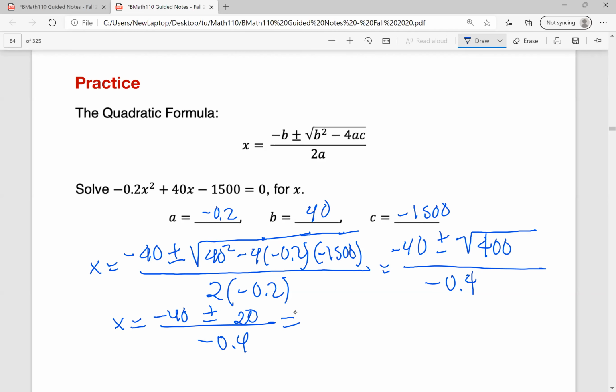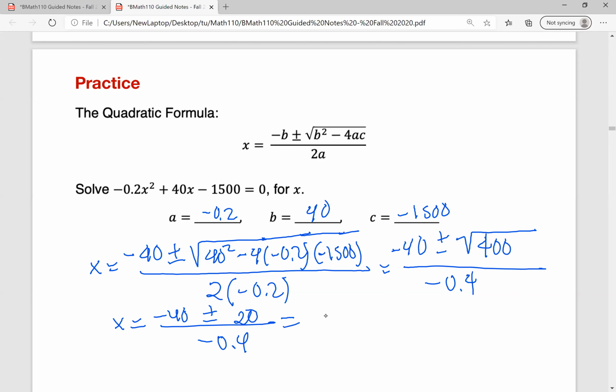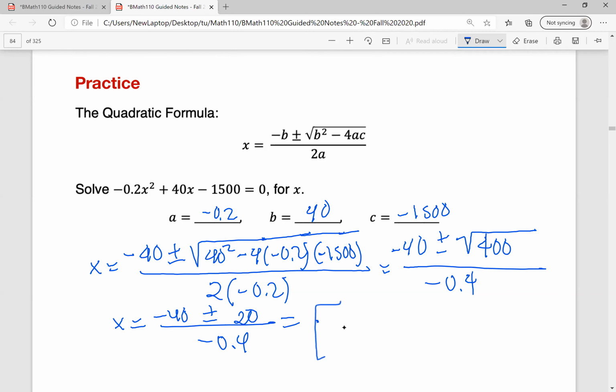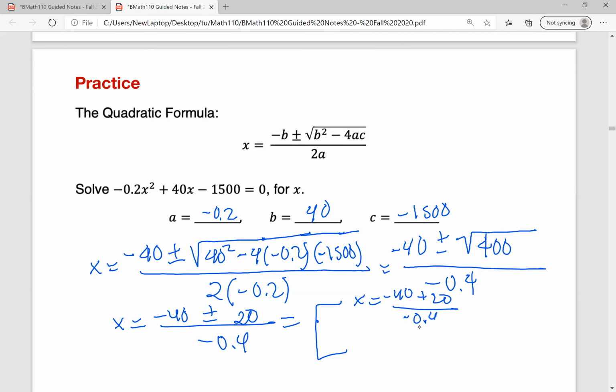And then that will give you two cases. The first case is x equal to (negative 40 plus 20) divided by negative 0.4.